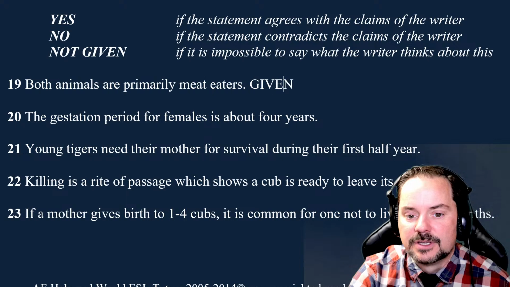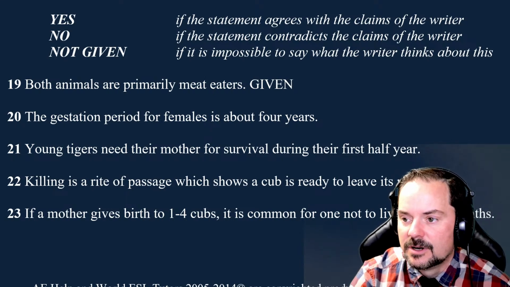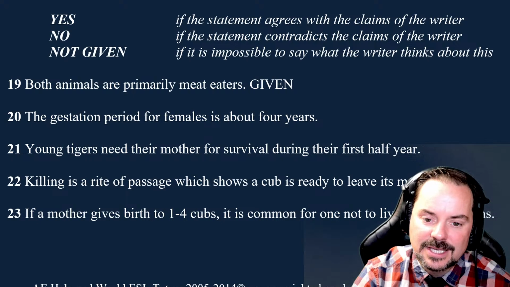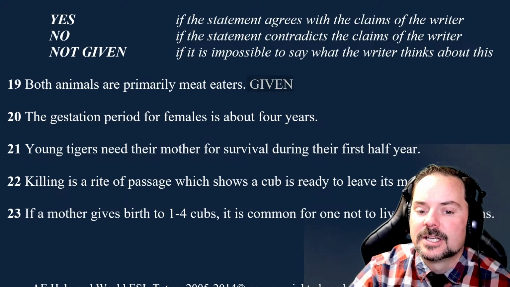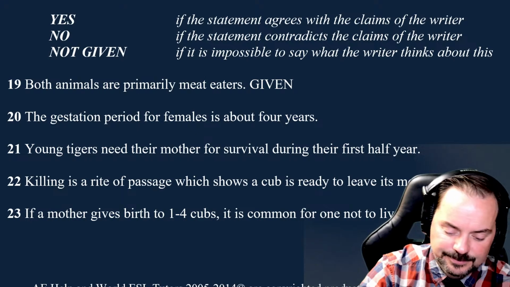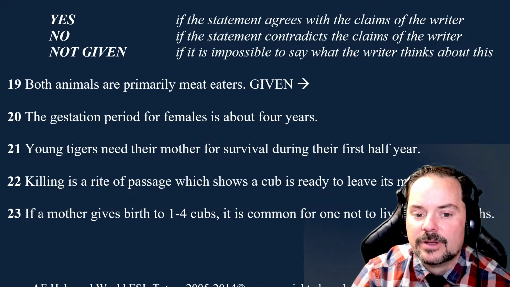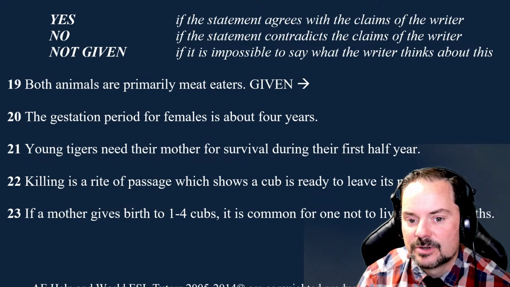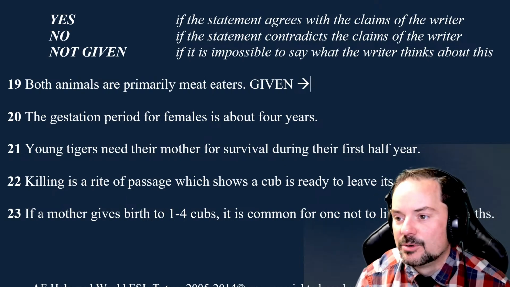Yeah, so it's given, right? So that's what we have to figure out first, Anna, whether it's given or not given. Our first step is always just to figure out if it's given or not given. So this information is given, right? Yes, most likely this information is given. All right. Now, is it this information or is it the opposite? Do they say that they're both meat eaters, or do they say they both eat vegetables as well?